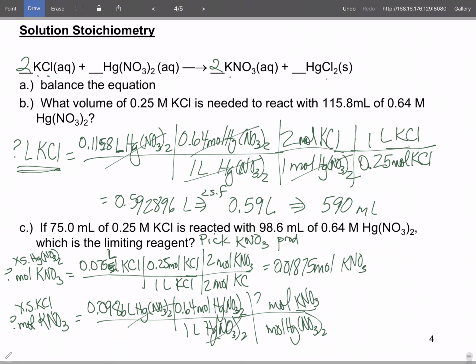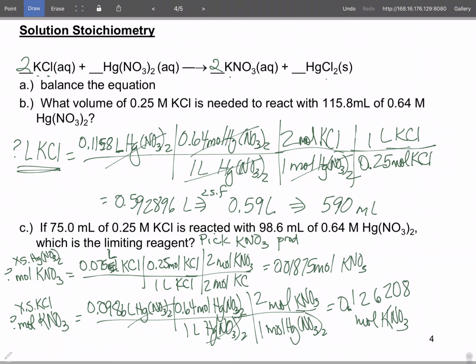Okay, I got 2 moles potassium nitrate to 1 mole of mercury 2 nitrate. And that gives us a whopping 0.12628 moles of potassium nitrate. Whoops.